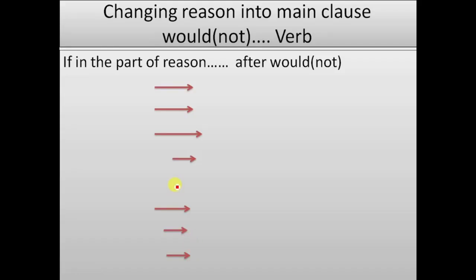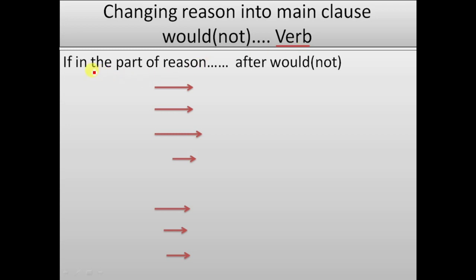So now let's know how to change reason into main clause. You know, main clause includes would or would not plus verb. So here, dear friend, you have to be very careful while using verb after would or would not. So let's know how to change the verb.